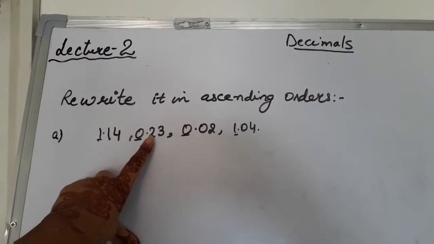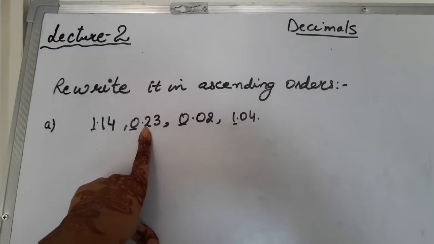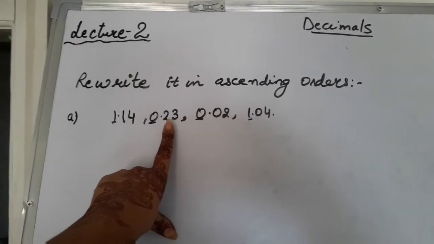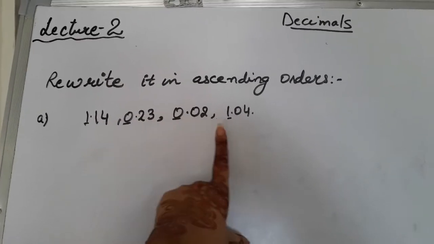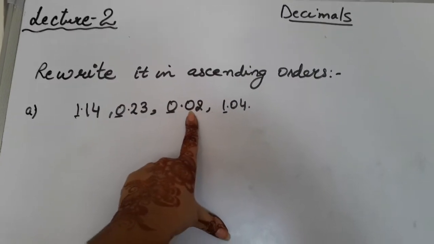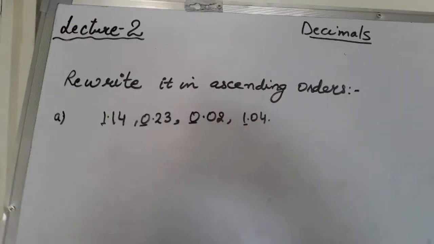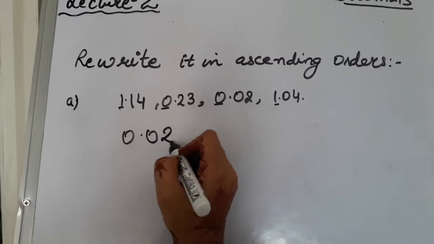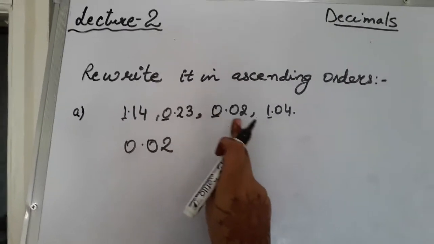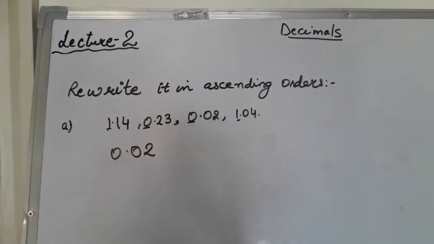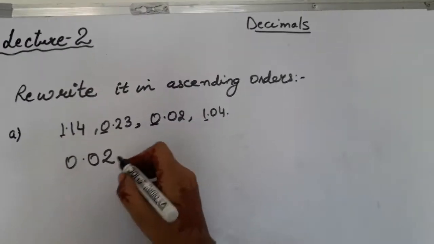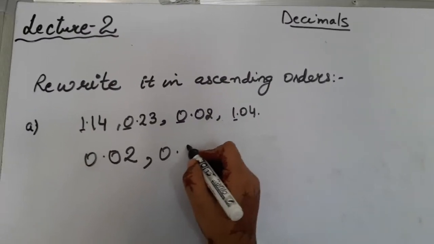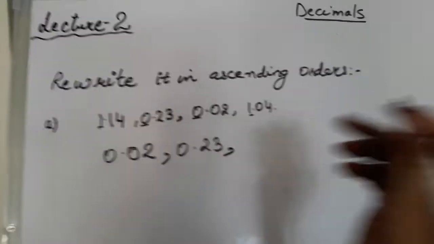Now here you can see I have 0 with the two decimal numbers, right? Now I will see the digit next to the decimal part, and here I have 2 and here I have 0. So which is smallest? I will write 0.02 first, as 0 is smallest among these two, right? Then what comes next? 0.23, right?